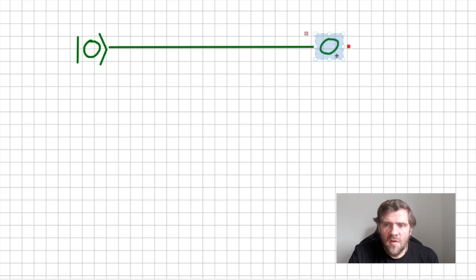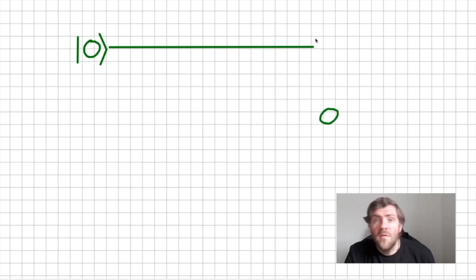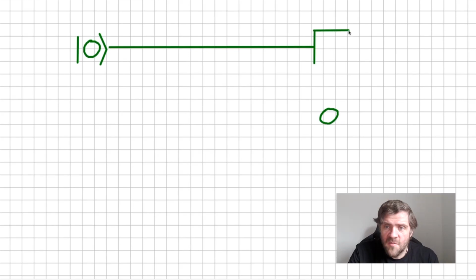So what we're going to do is move that down here, and we're going to have a process by which the quantum bit is turned into a classical bit that we can actually look at as humans. This process is denoted by the measurement gate, which is a box with a rudimentary little measurement device written in it.